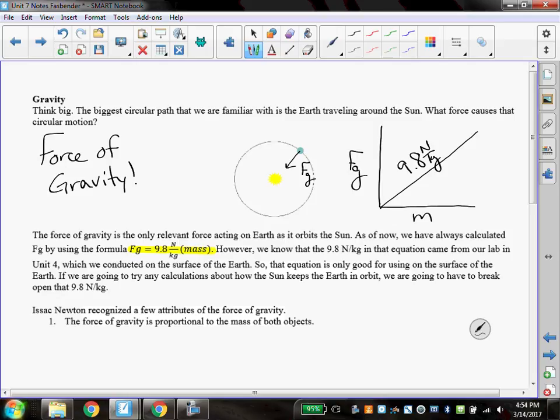We can't use Fg equals 9.8 newtons per kilogram times mass when we talk about the force of gravity due to the sun on the Earth. So we're going to have to break open that 9.8 newtons per kilogram and see what's inside, and hopefully out of it we're going to get some kind of universal law of gravity that can be applied to anywhere, anything, any place, any time.